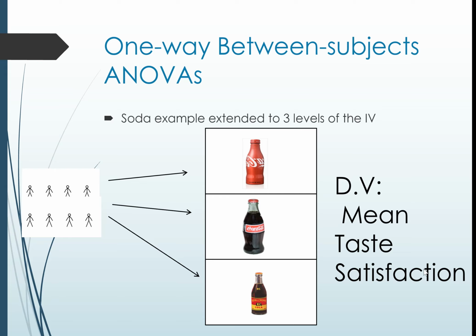And for some reason, let's say we want to avoid carryover effects, and we want to avoid giving people too much soda. It's not good for you. So we'll randomly assign people to either drink the American Coca-Cola, the Mexican Coca-Cola, or the RC Cola, and then we would compare the means between the groups.